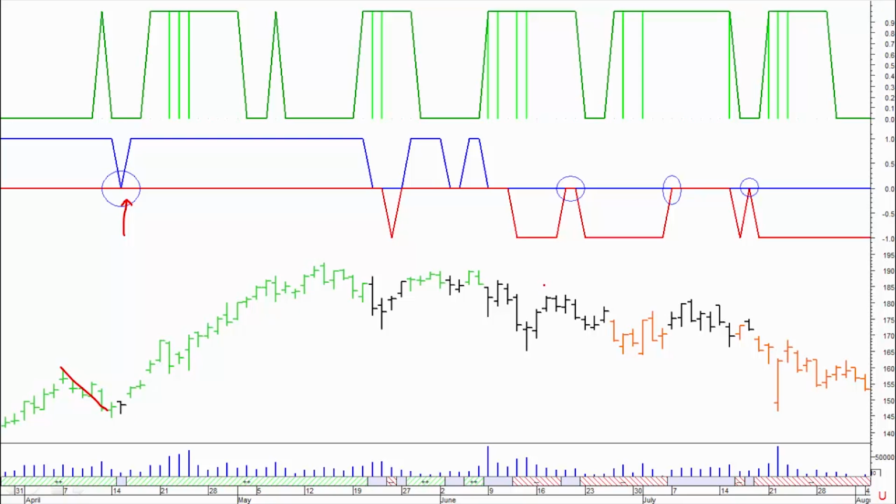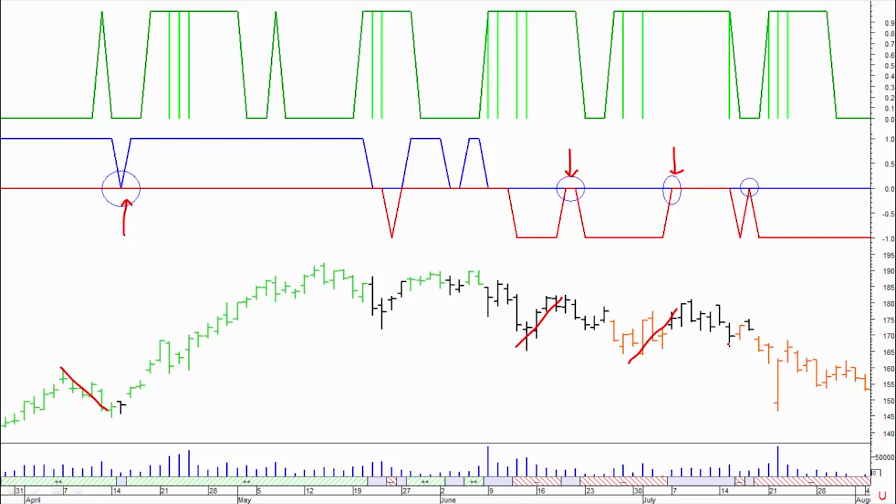For those of you looking at puts, every time -1 sucks back to 0, you have an opportunity to buy put options. So you got a little rally up, use it to buy puts. You get the little rally up, buy the puts.